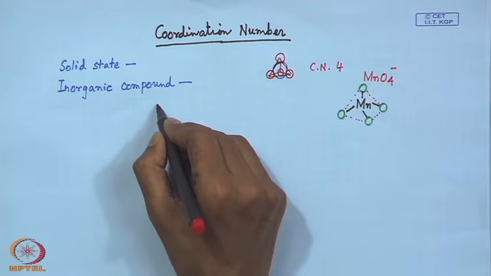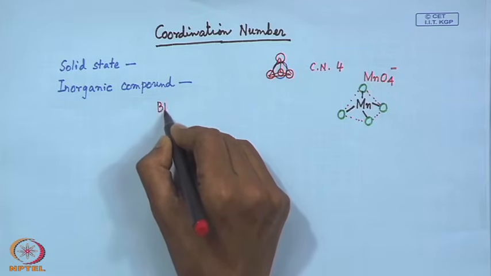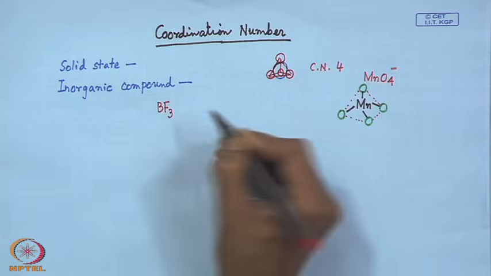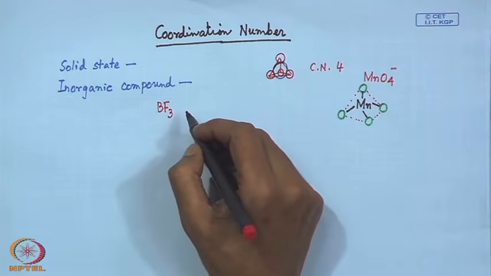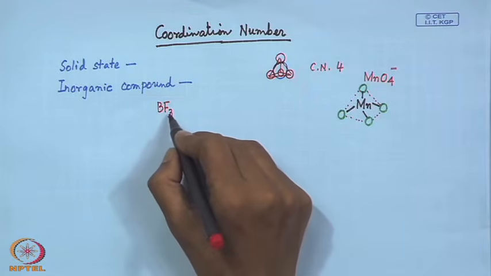Similarly, some inorganic compounds like boron trifluoride, by knowing the stoichiometry of the compound, we can see that boron is attached to 3 fluorine atoms.